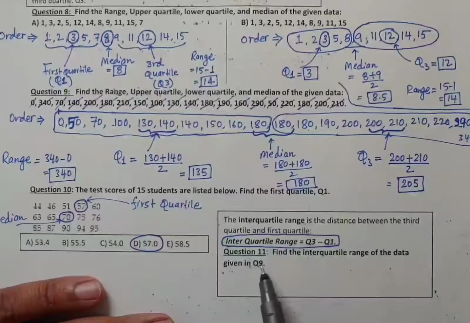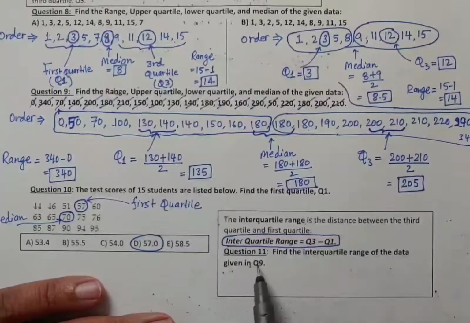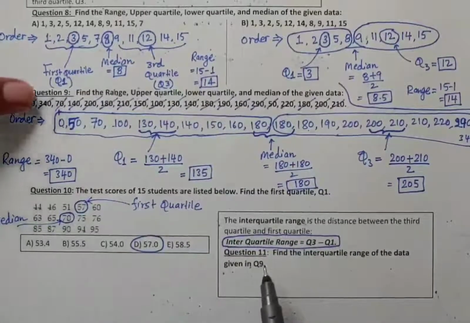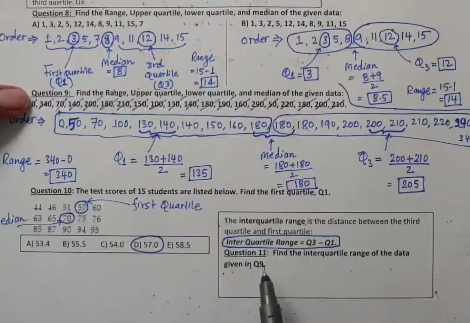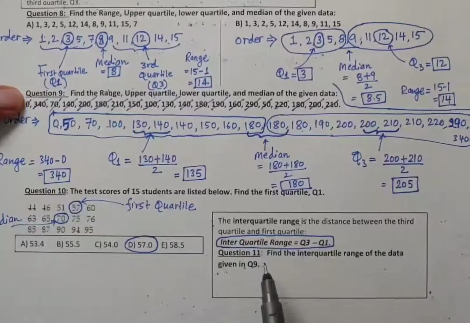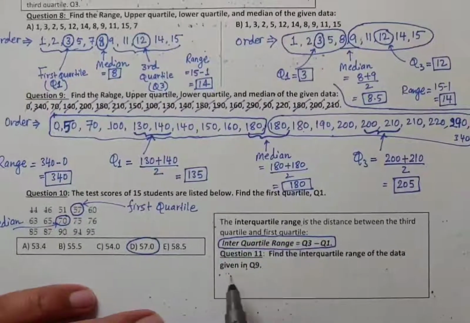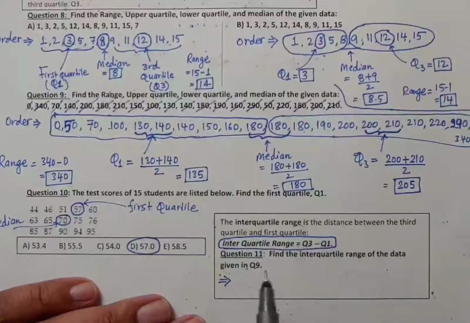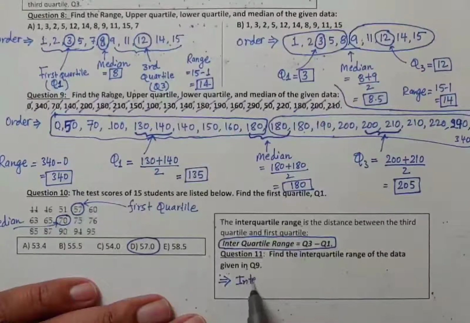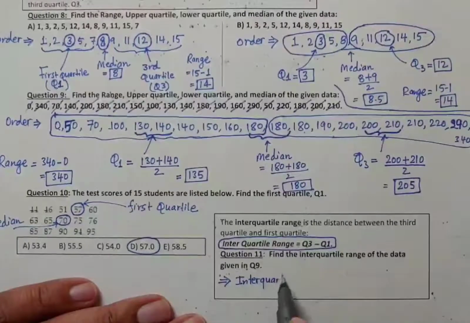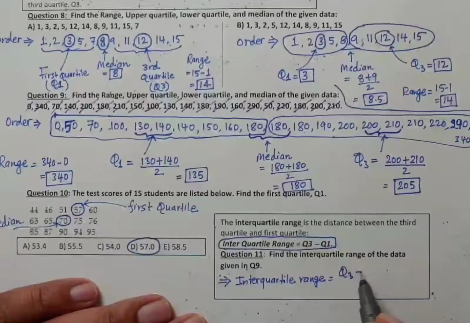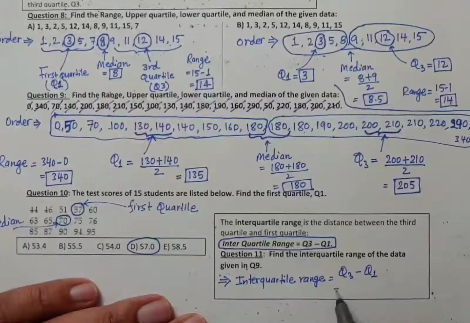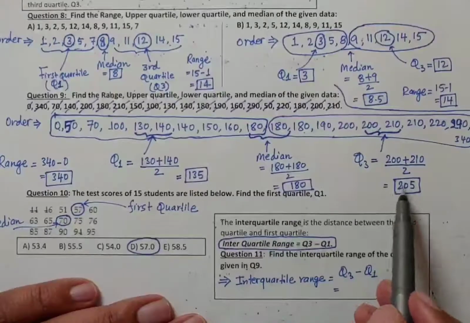Question 11: find the interquartile range of the data given in question 9. So here is question 9. We do interquartile range equals Q3 minus Q1. So Q3 is 205, right?